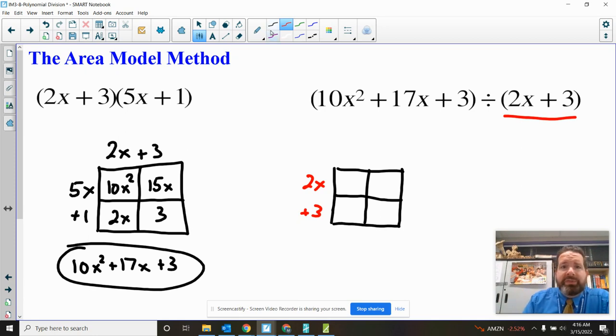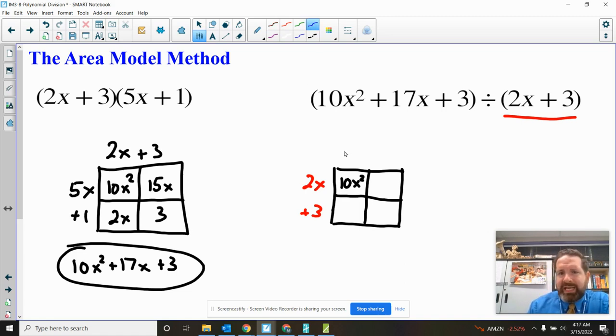And here now is how I want the process to work. I want to end up with 10x squared. So starting in this top left box, I'm going to write in 10x squared. And what you now need to ask yourself is, well, okay, to turn a 2x into a 10x squared, how much did I multiply by?